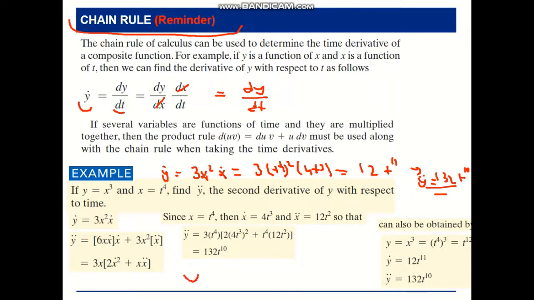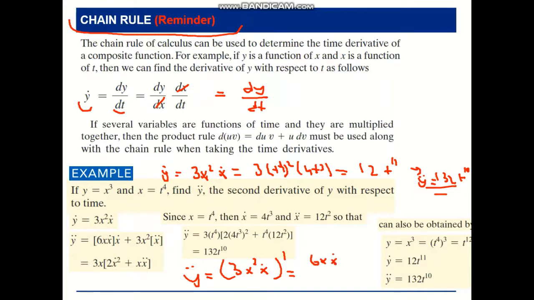Let's go to the double derivative using the chain rule. We know that the first one is 3x squared x dot. If I take the second derivative, this is the first derivative, and I need to take one more derivative. So I will use the chain rule again. This is x squared, so it's going to be 6x x dot.